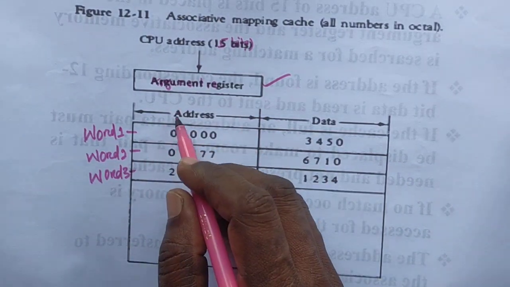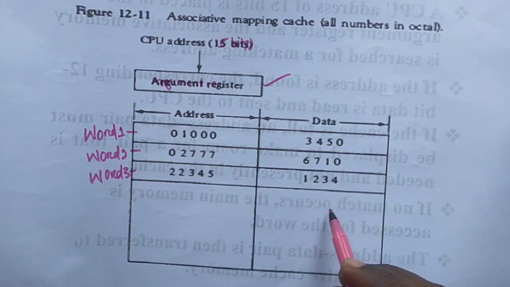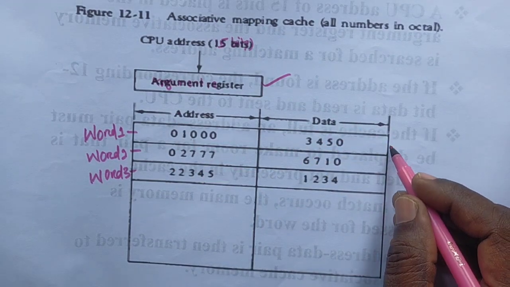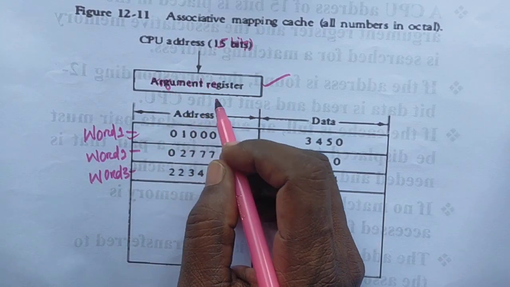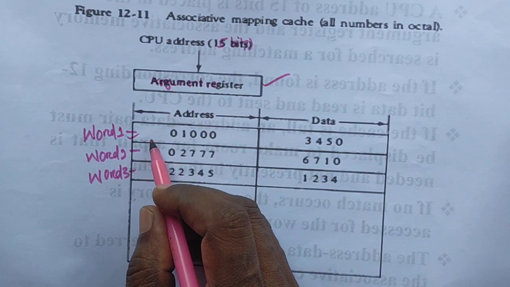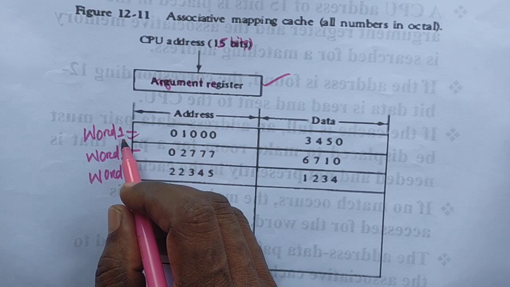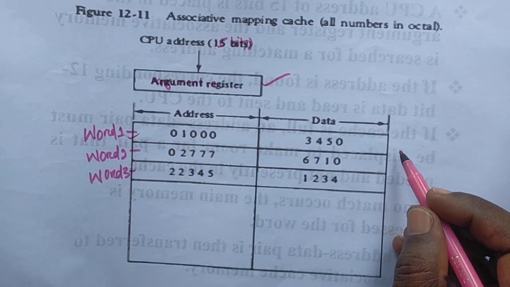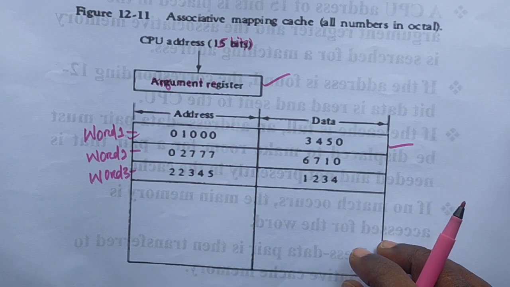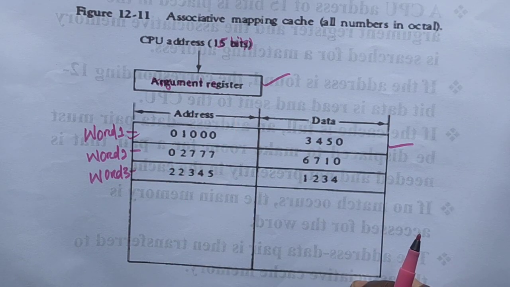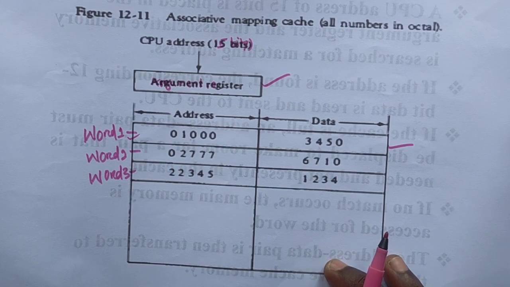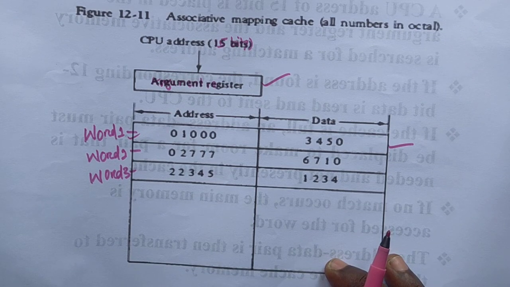If the address is the same, the data can be retrieved automatically. The address we assign in the argument register, with the corresponding data, can be retrieved from this associative memory. Like this we have to design the associative memory, or associative mapping, in cache memory.